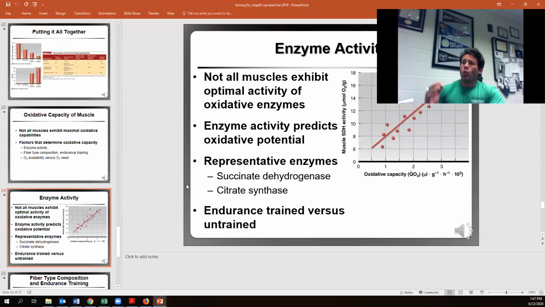And so what we're going to find is different enzymes are incredibly important for energy production, but certain enzymes don't break down constituents as fast as others. That's why your SDH, succinate dehydrogenase, levels and your CS, citrate synthase, levels are indicative of aerobic performance.